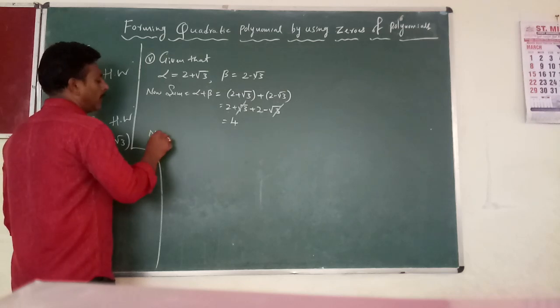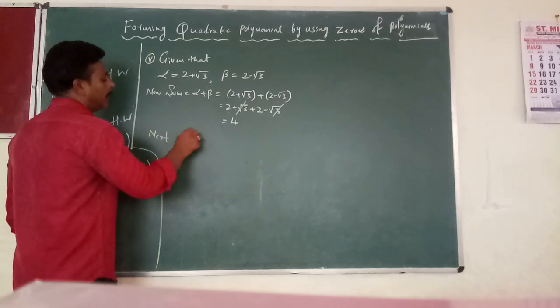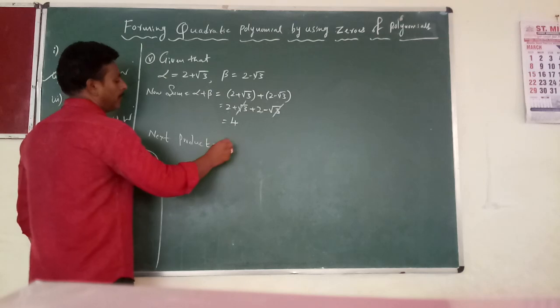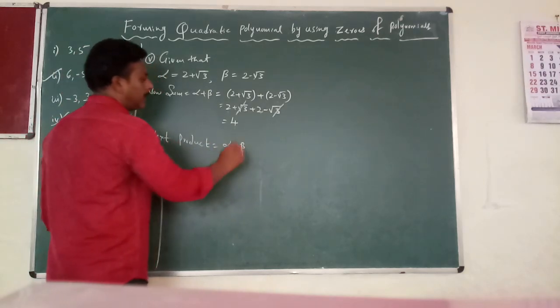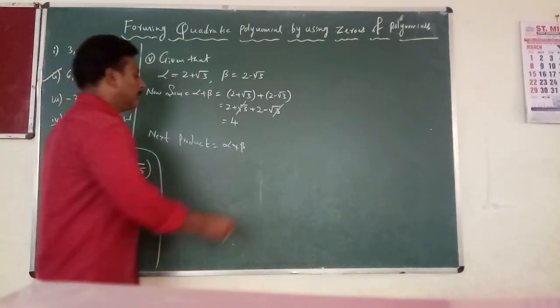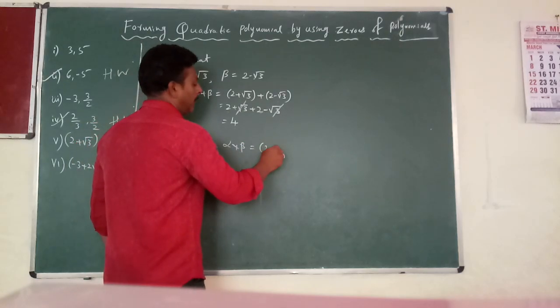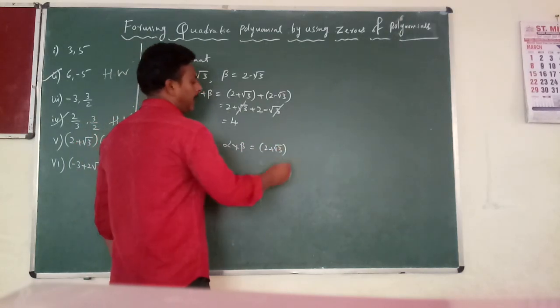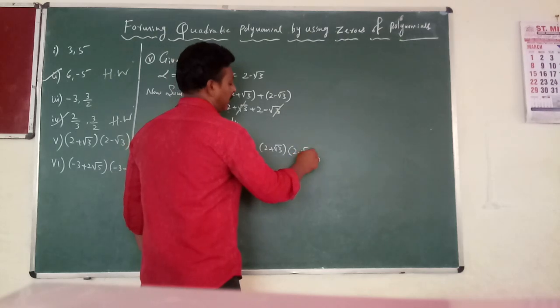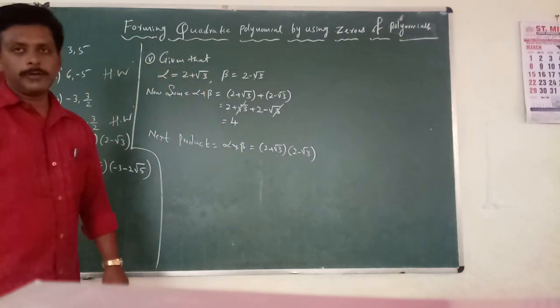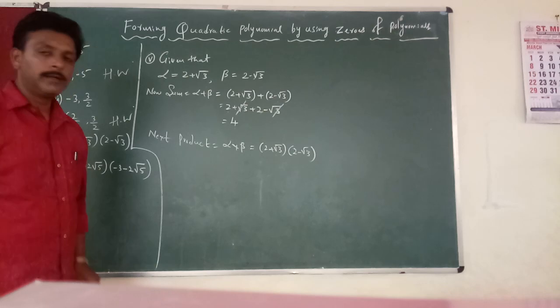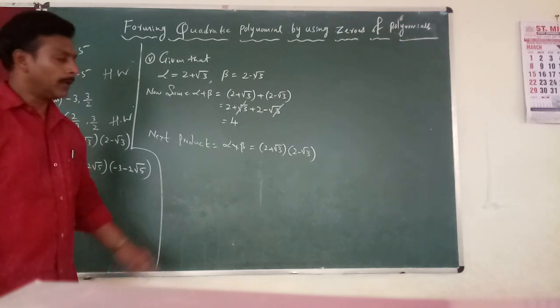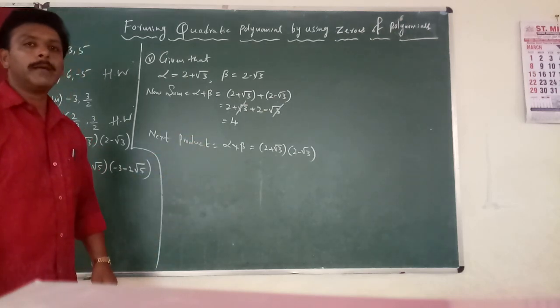Next we will go to product. Product of the zeros means alpha into beta. What is alpha? First bracket 2 plus root 3. Second bracket 2 minus root 3. Carefully observe both brackets. Both brackets are your favorite formula, (a plus b) into (a minus b).